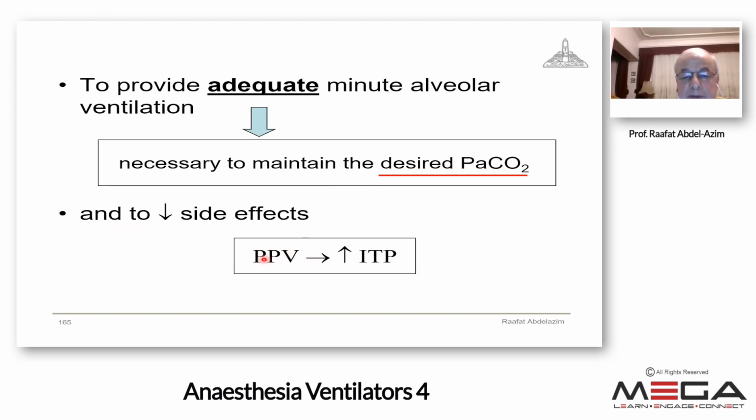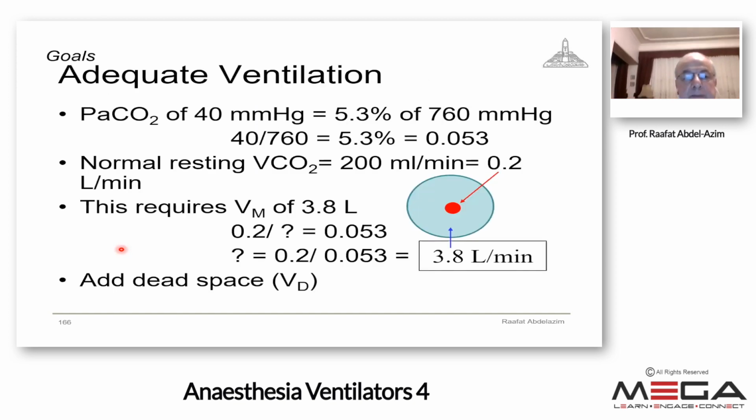Because of positive pressure ventilation, the intrathoracic pressure increases. This increase will have some hazards or some side effects. So I have to keep adequate ventilation without having much of these hazards of high intrathoracic pressure. What is adequate ventilation? Please focus on this point.